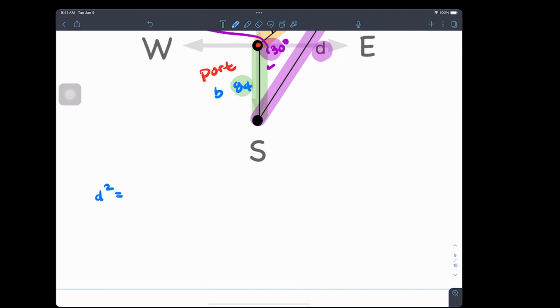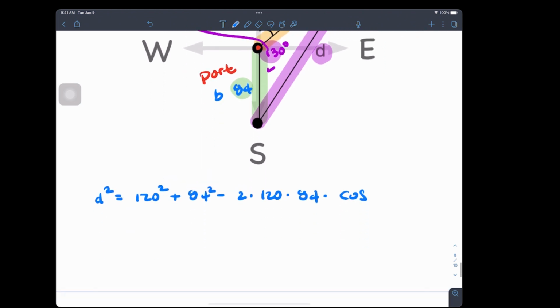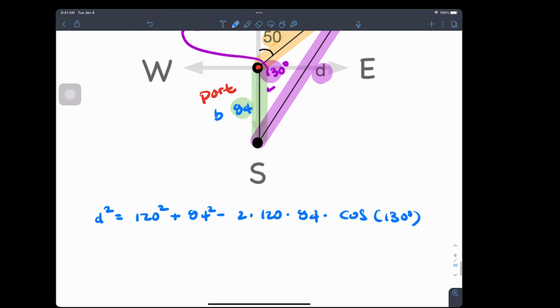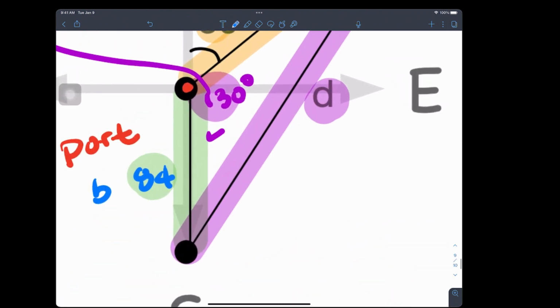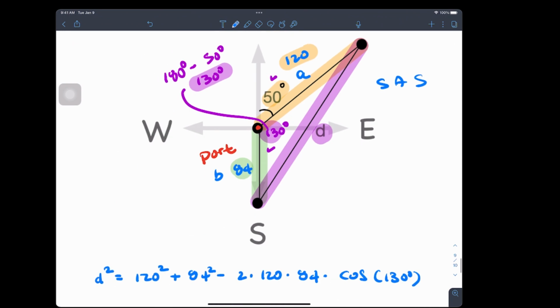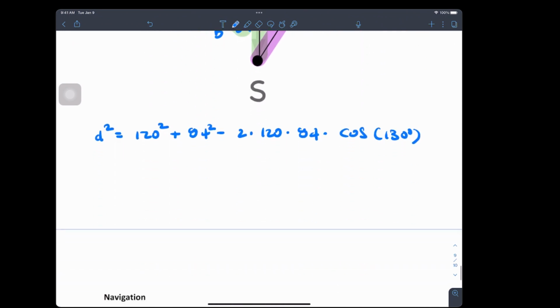D squared again will be 120 squared plus 84 squared minus 2 times 120 times 84 times the cosine of the new angle, 130 degrees right in here. See my point? What's your D? Square root of all these things.